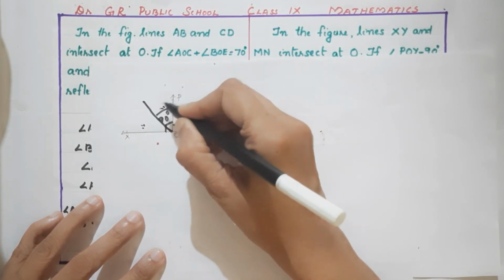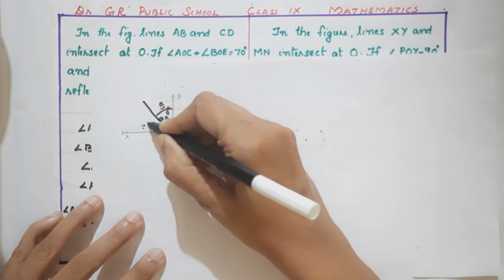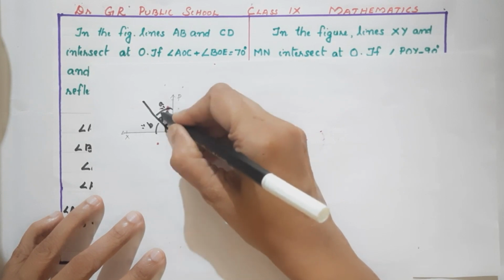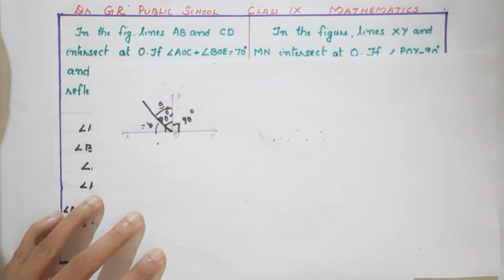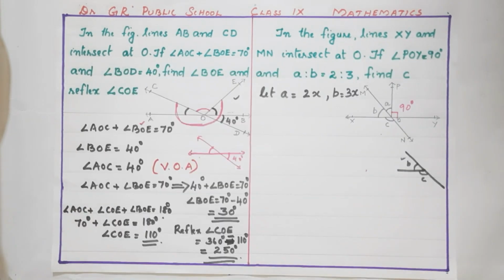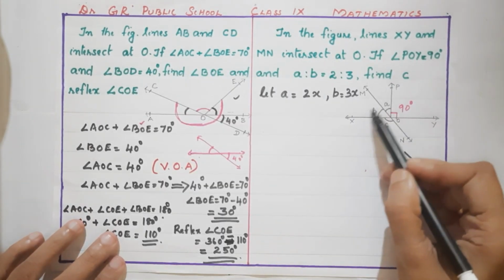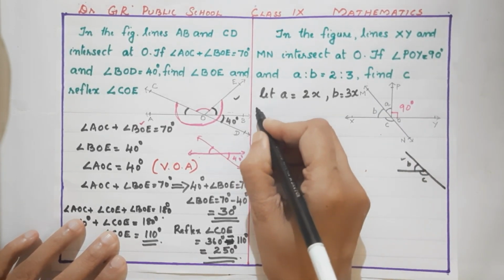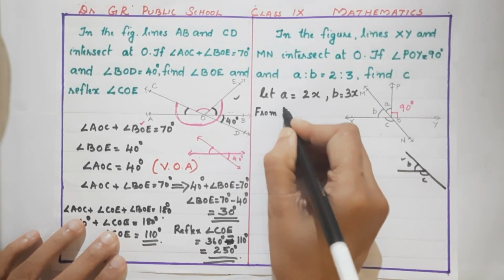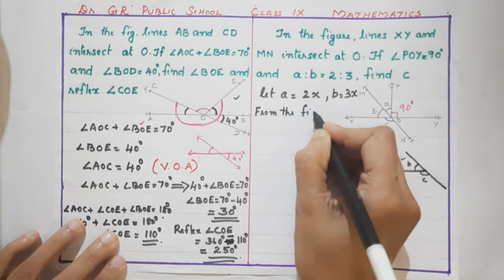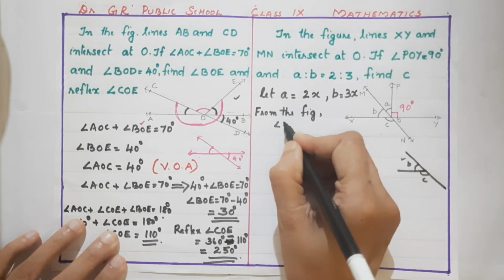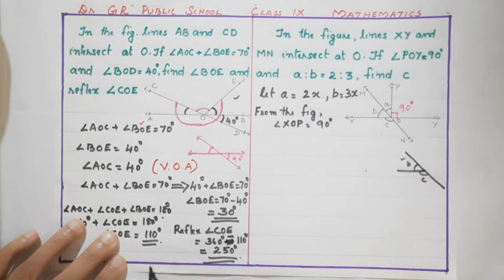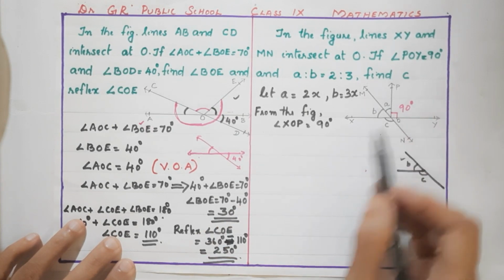This is given as A and this is given as B. So A plus B is equal to 90 degrees. Children, we can write that from the figure: angle XOP equal to 90 degrees.